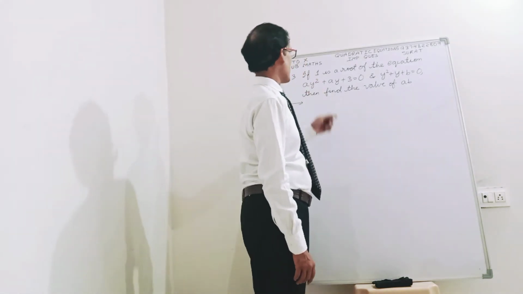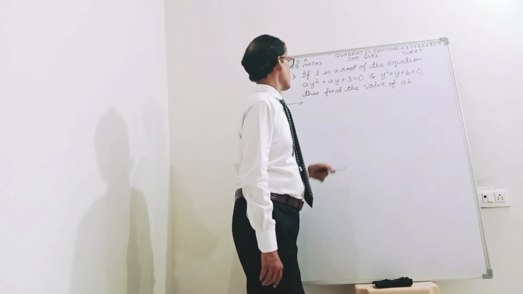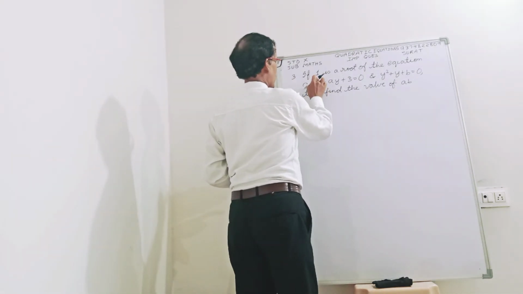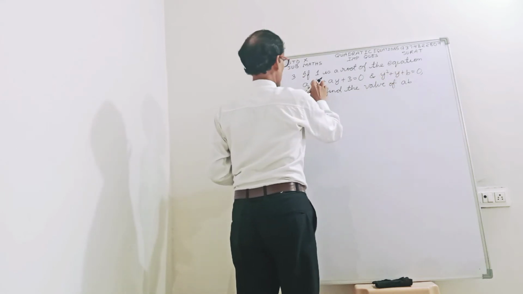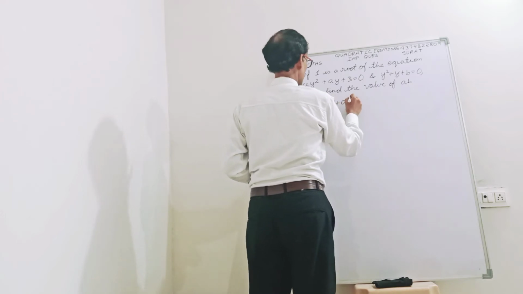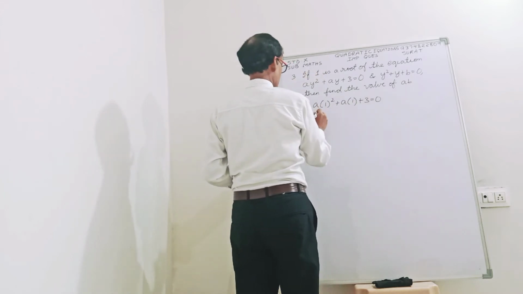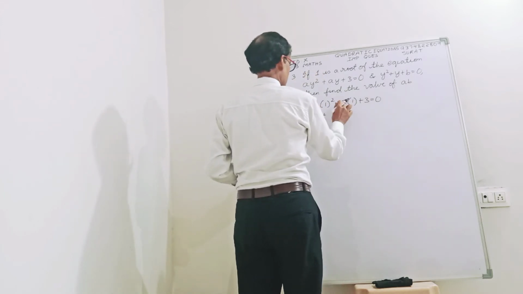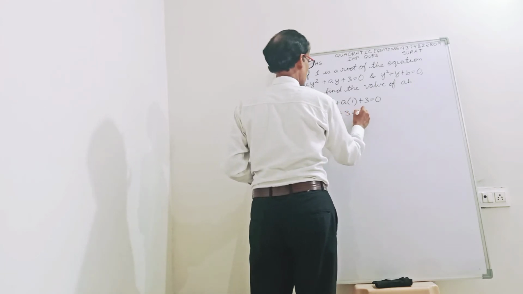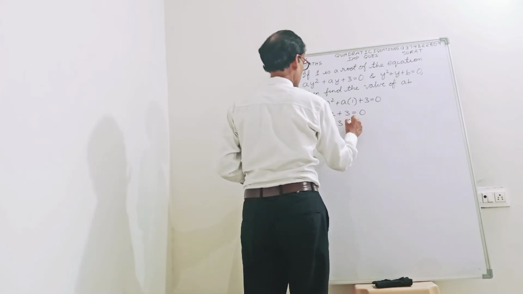Now see in this question, minus 1 is the root of these two equations. So 1 must satisfy these two equations. So put y equal to 1 in this equation as well as in this equation. We put y equal to 1, what do we get? A plus a plus 3 is equal to 0. 2a plus 3 is equal to 0.